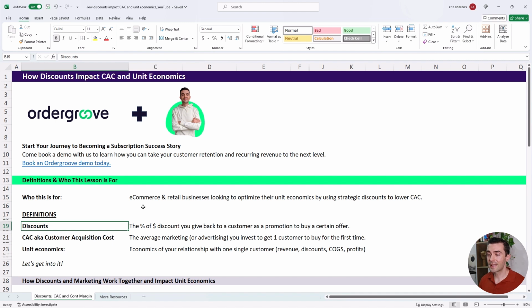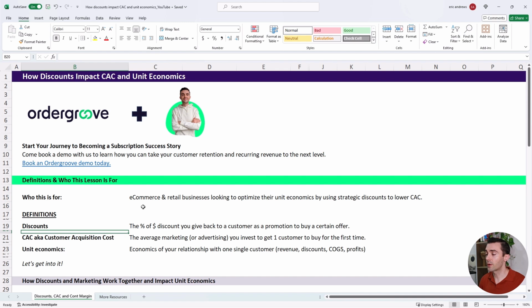Definitions, discounts. My definition is that it's a percent or a dollar discount you give back to a customer as a promotion to buy a certain offer. So we're going to be dealing with a lot of different discounts today. Then you have your CAC, aka customer acquisition costs. This is the average marketing or advertising you invest to get one customer to buy for the very first time.